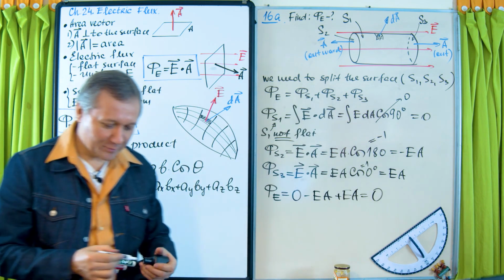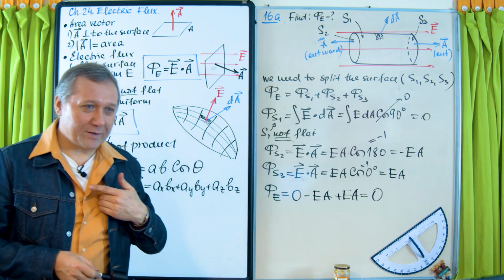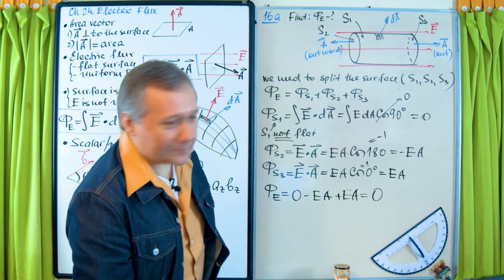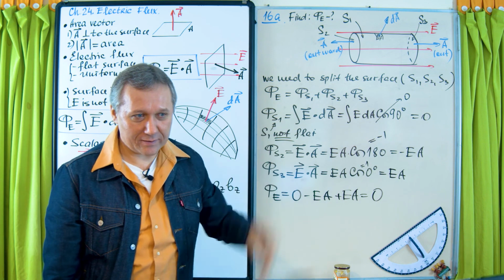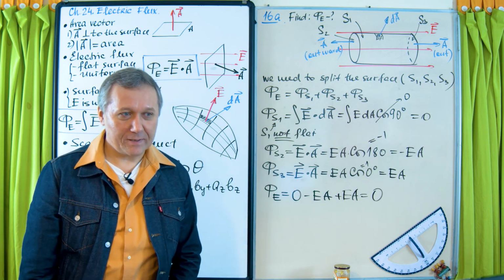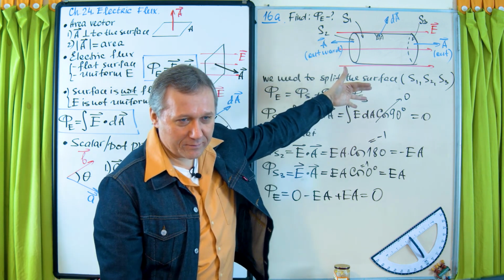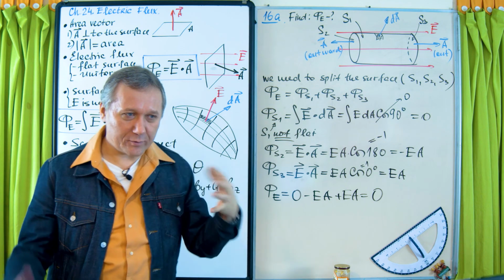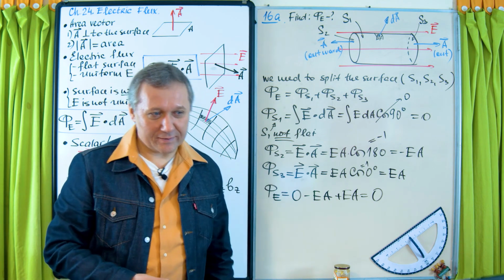That's why numbers were not given in the problem, because it doesn't matter what the area is or what the value of the electric field is. The flux through this surface and the flux through that surface cancel each other, giving us 0. It just means that the number of electric field lines entering the cylinder and leaving are exactly the same. But as a result, one flux is positive and the other is negative.